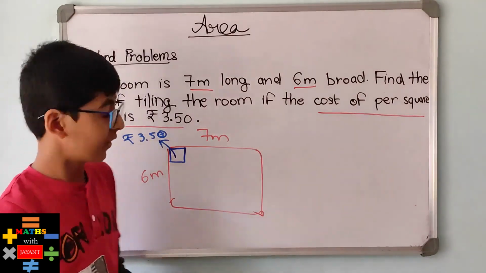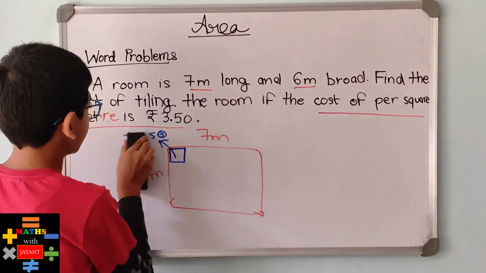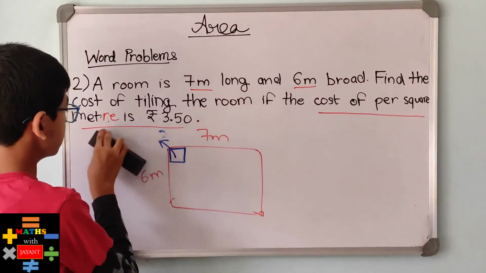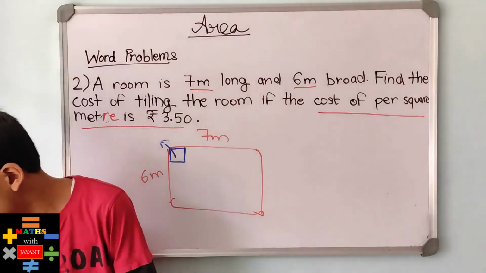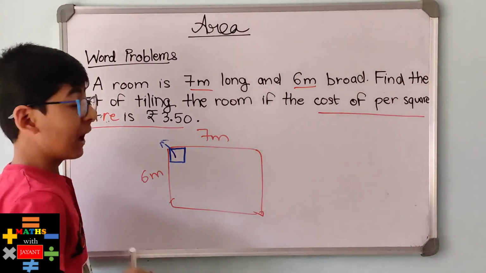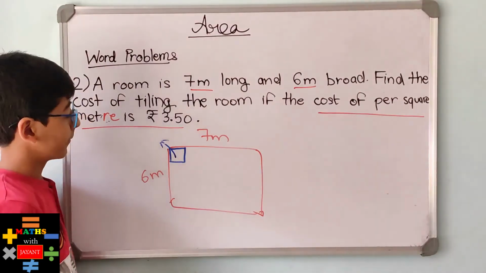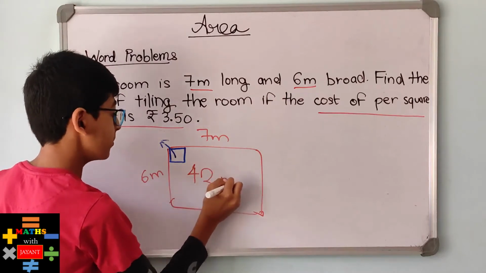So let us first find the area of the room. So what is going to be the area of the room? The area of the room is going to be 7 meter into 6 meter. And 7 into 6 is 42. So we get the area of the room as 42 meters square.